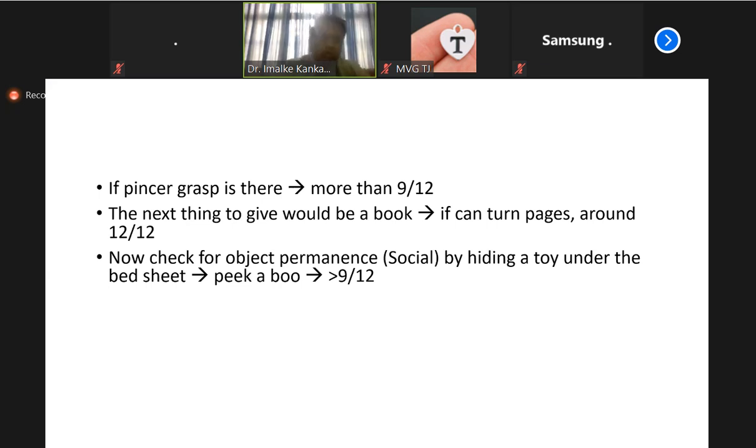That is what is called object permanence. That means the child is particular about that object. This is what we call peekaboo as well. It's a bit different, but with that you can check a bit of social development. If the child is looking for that, object permanence is there.